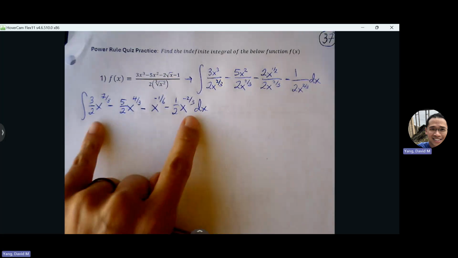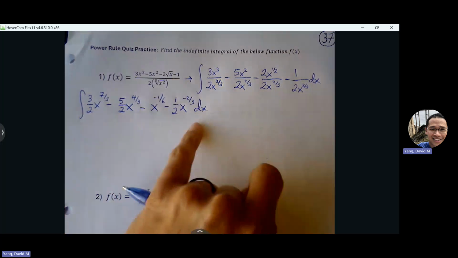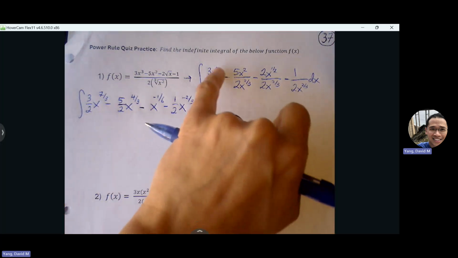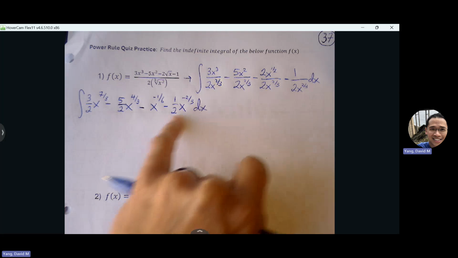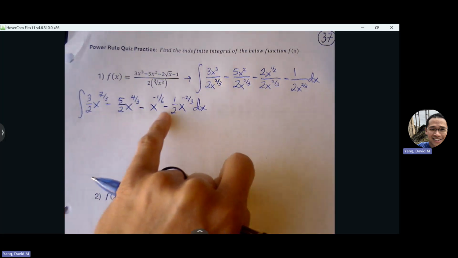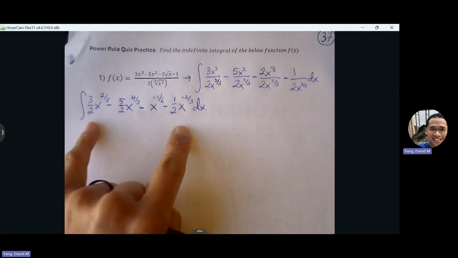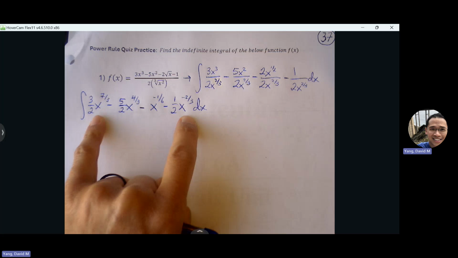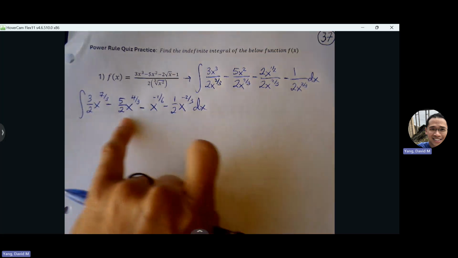So this is where we need to be before we apply Power Rule. Notice there's no more x's connected to each other, and all the x's have been cleaned up. No more parentheses, no more radicals, no more denominator variables.